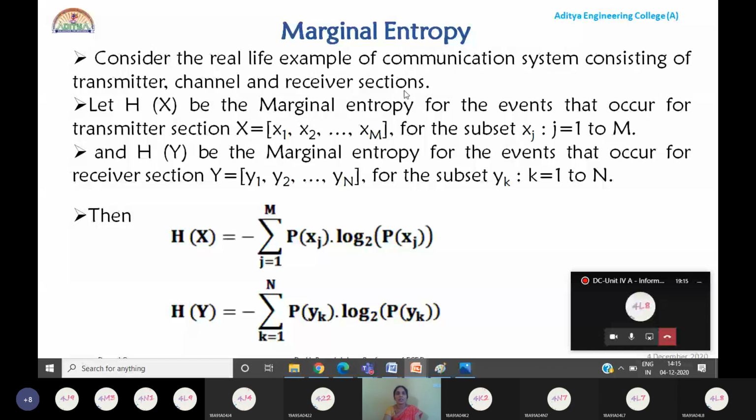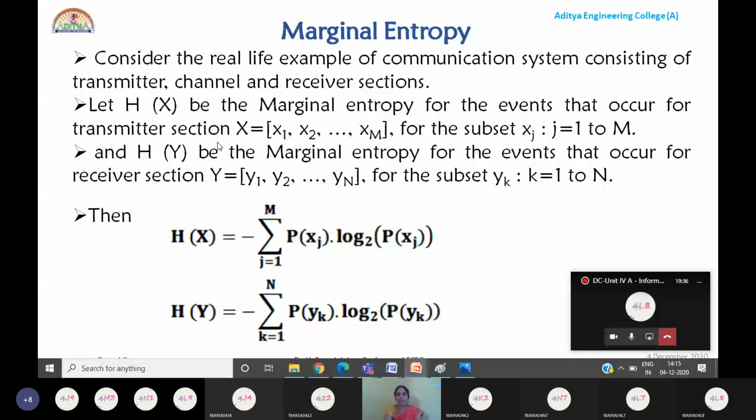Here we are considering the real-life example of a communication system. We know that it consists of transmitter, channel and receiver sections. H of X represents the marginal entropy, the entropy of the transmitter section.